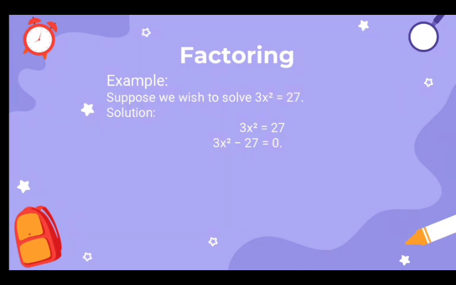We now look for common factors. By observation, there is a common factor of 3 in both terms. This factor is extracted and written outside a pair of brackets. The contents of the brackets are adjusted accordingly. 3x squared minus 27 equals 3 times x squared minus 9 equals 0.